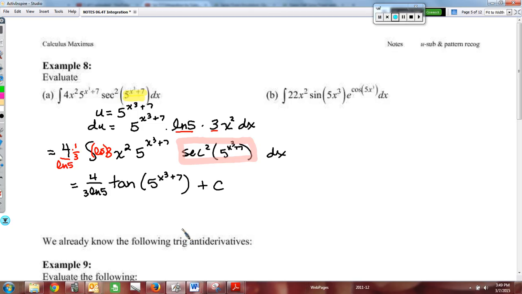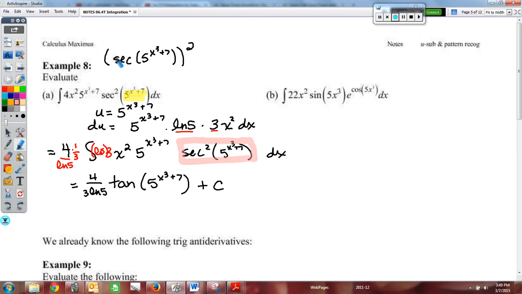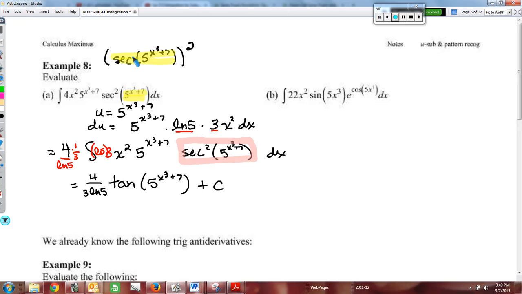Now, just as a heads up, I've been doing this a little bit longer than you guys, obviously. Why, when I looked at this, did I not decide to make this secant of 5x cubed plus 7 and then square it and call this the inside function? The reason is that if that had been my inside function, its derivative, the derivative of secant, is secant tangent.